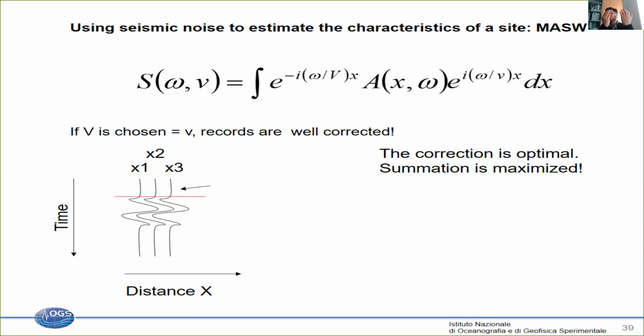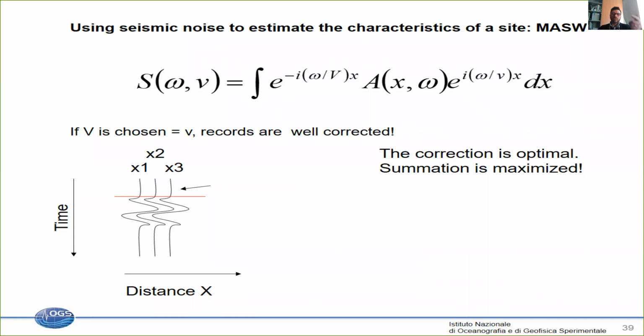But of course, we can also first change the arrival time of the signals in the time domain, calculate their summation, and then calculate the Fourier transform. So the two things are equivalent. We can first calculate the Fourier transform, shift and sum, or first shift the time domain signal, sum, and calculate the Fourier transform.